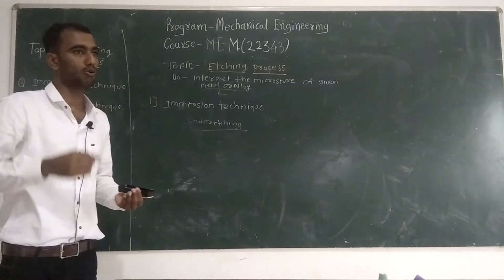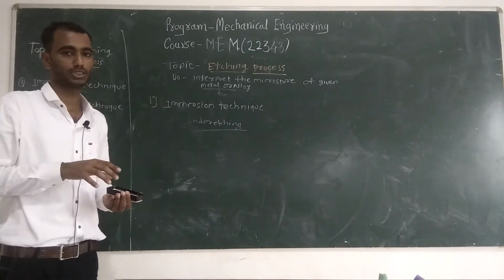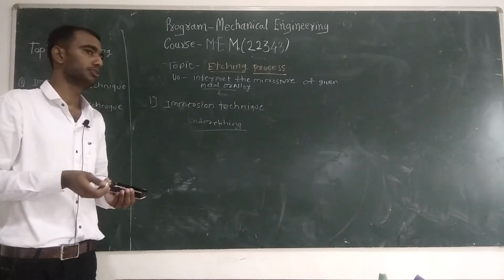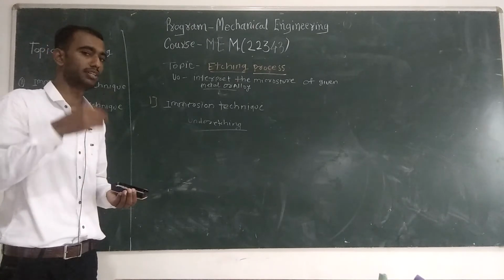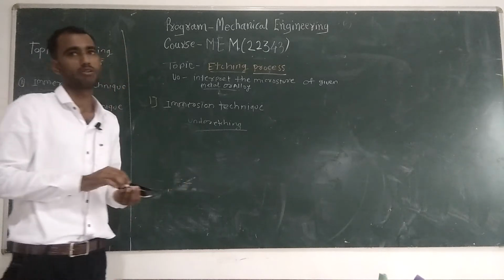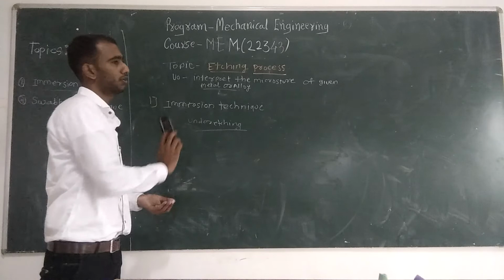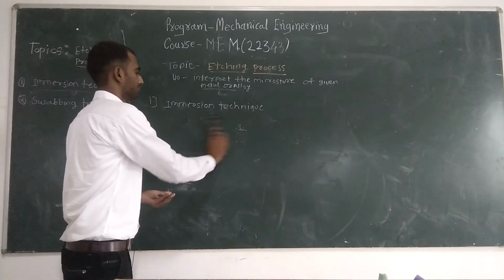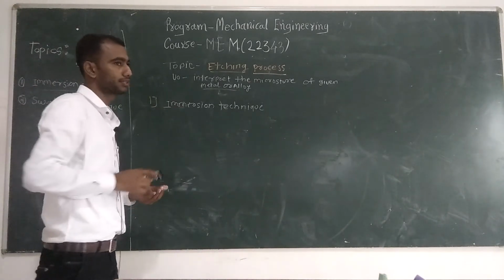If over etching occurs, then you have to repolish the surface of that specimen, and after that the etching process should be done again on the surface of the specimen for a short period of time. So, to avoid it, sometimes under etching is a better option. This is the immersion technique that is used for the etching process.